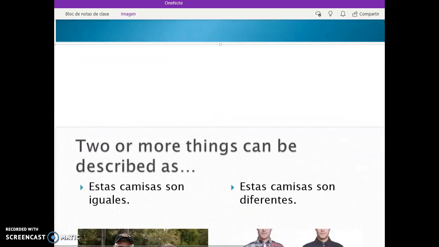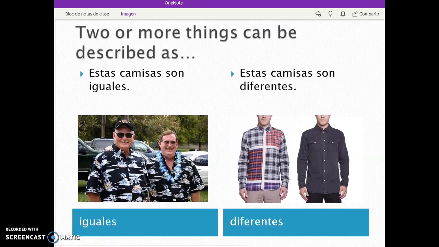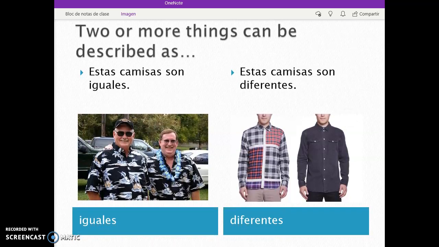So, first slide here. You can describe two or more things as being the same or different. So these are the words here. Obviously, iguales under this lovely picture of the Hawaiian shirts means the same. It actually really means equal, same gist. And then obviously the next one is different.